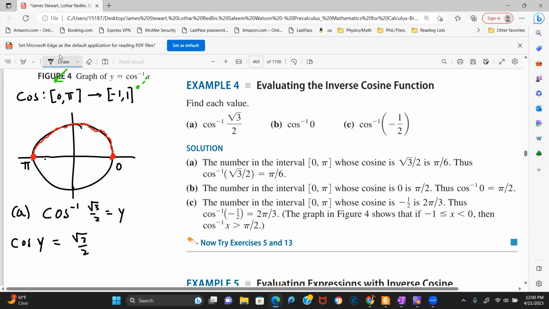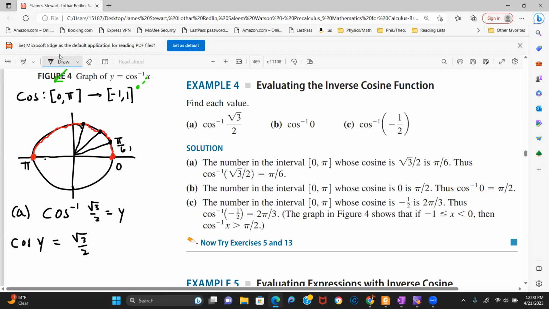That means we're at some point in the first quadrant. So we have these three main angles, or arc lengths. And it turns out that we're going to want this point right here. This is pi over 6.